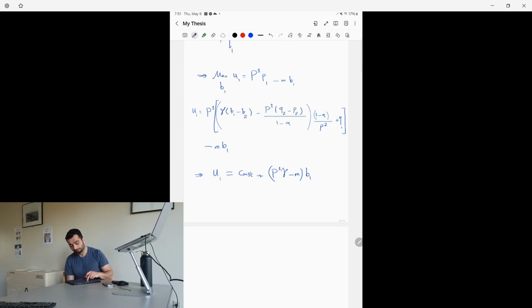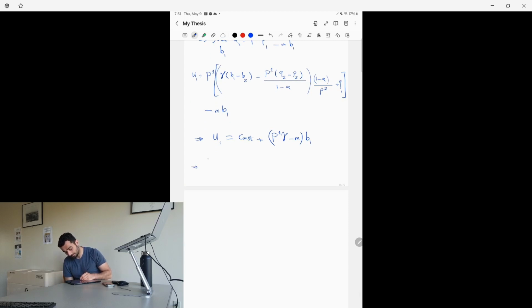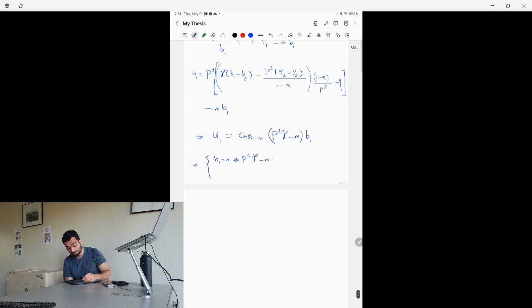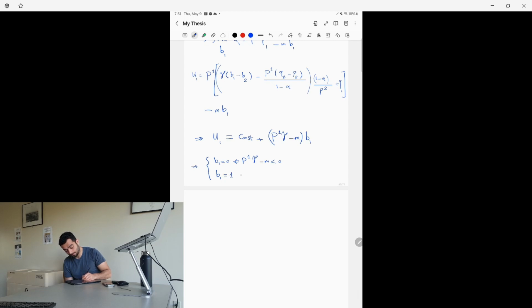So if P1 gamma minus M is less than 0, we will choose B1 as 0, and if P1 gamma minus M is greater than 0, we choose B1 as 1. All right.